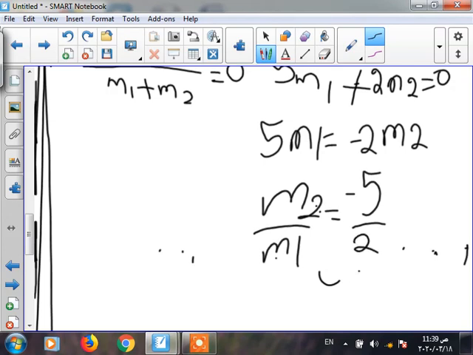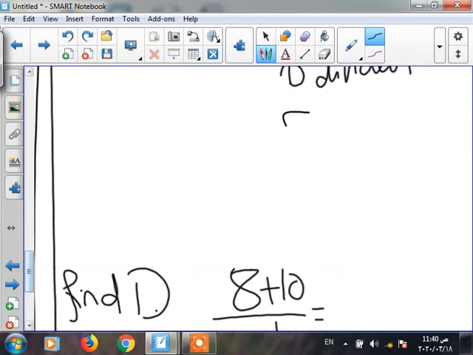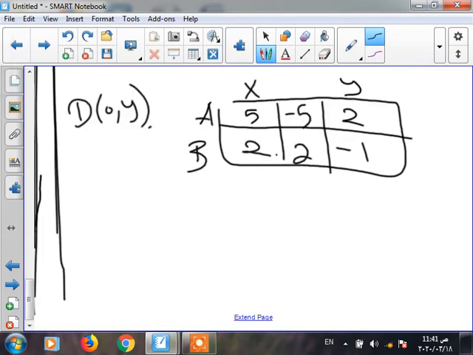So this is the ratio for the y-axis. D divides AB in the ratio negative 5 over 2, external, 5 to 2 externally. Now time to get the y.